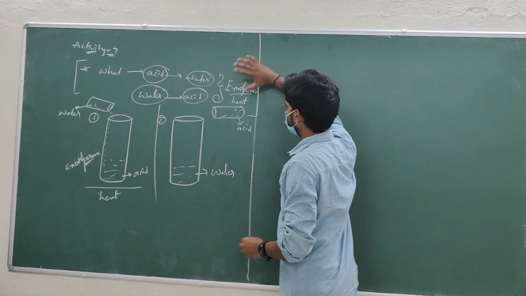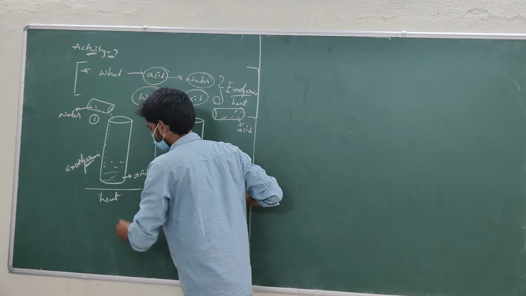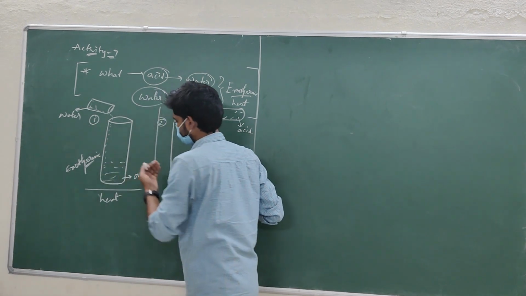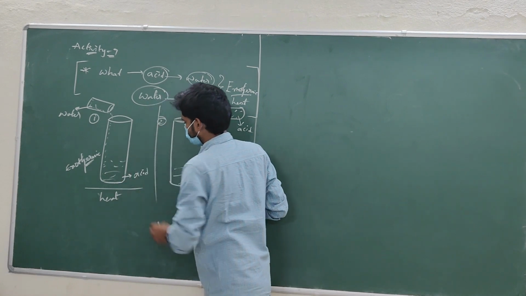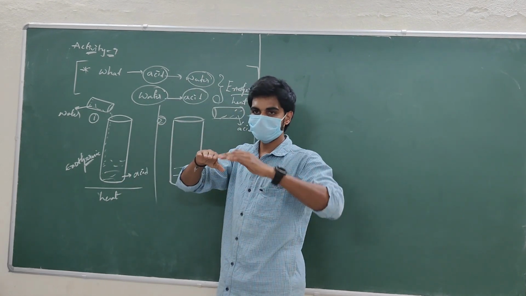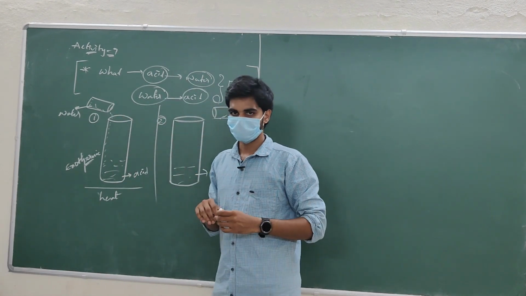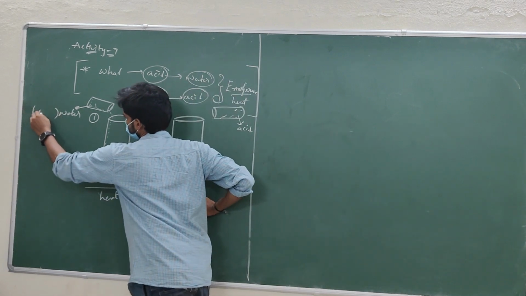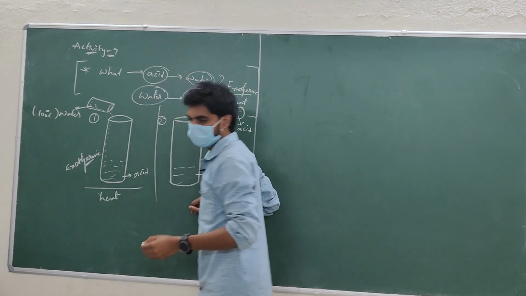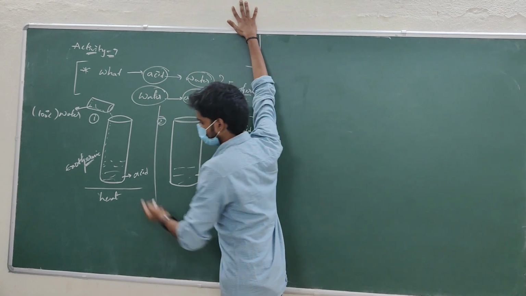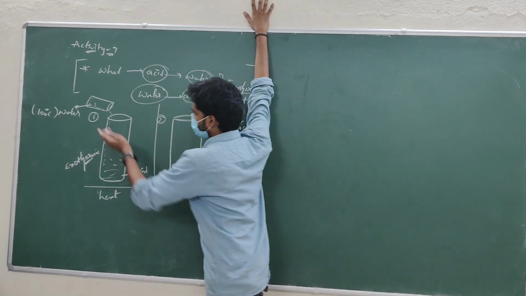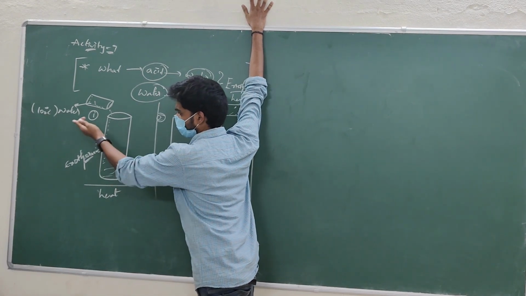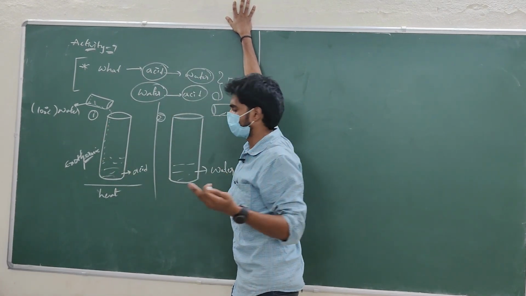But the acid's boiling point is very high compared to water, because water's boiling point is 100 degrees centigrade. Within a fraction of a second, due to the heat energy released, the water reaches its boiling point of 100 degrees centigrade.